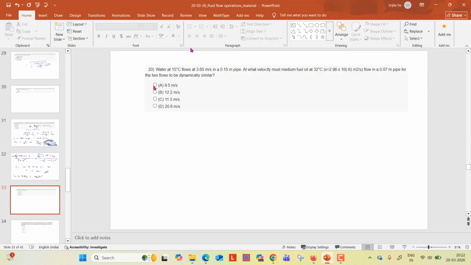Water at 15 degrees centigrade flows at 3.65 meter per second in a 0.15 meter pipe.